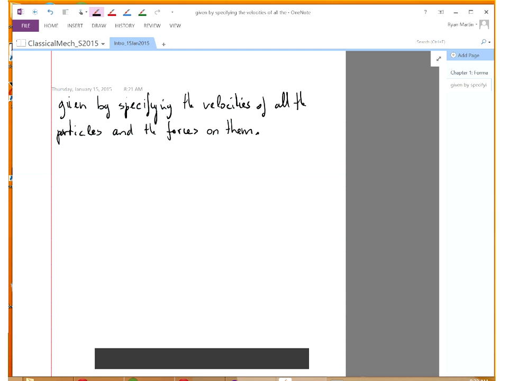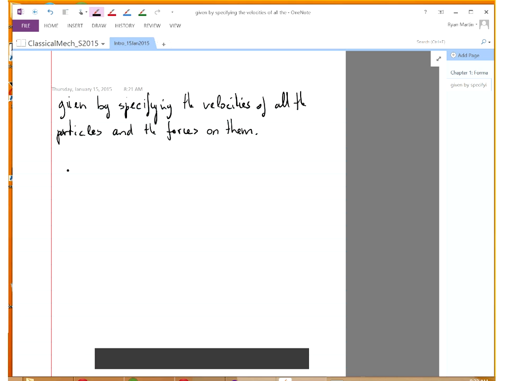So the current state is described by the coordinates, and the future development, or the past, is described in addition by specifying the velocities and the forces that act on the system. Okay? So this is just formally saying stuff that hopefully you already know.